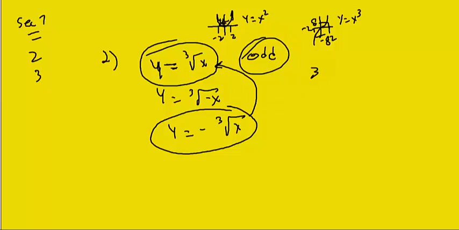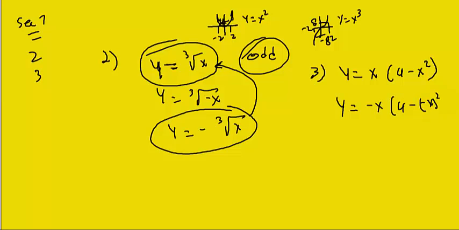Okay, number 3. Okay, y is equal to x times 4 minus x squared. Okay, we're going to replace all the x's with the negative. So minus a negative x squared. Okay, clean it up.